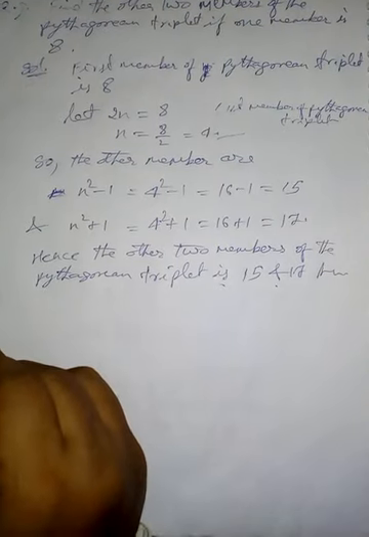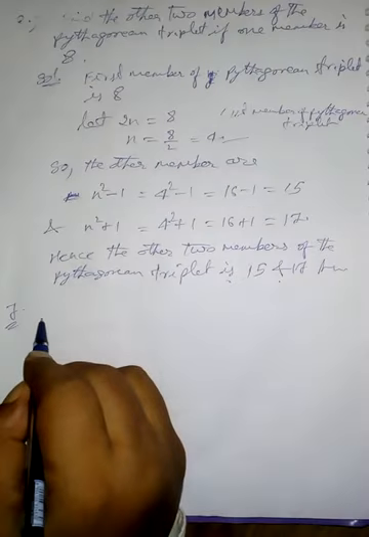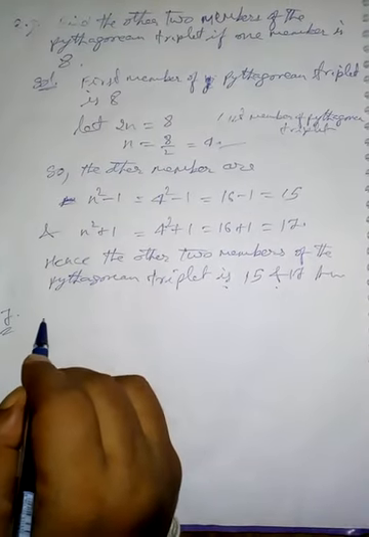Now next, the seventh property of perfect squares.